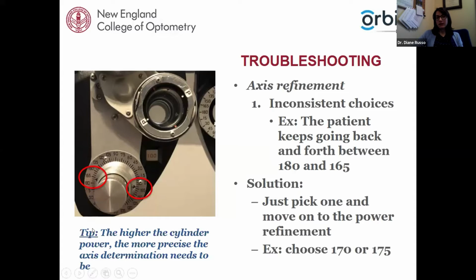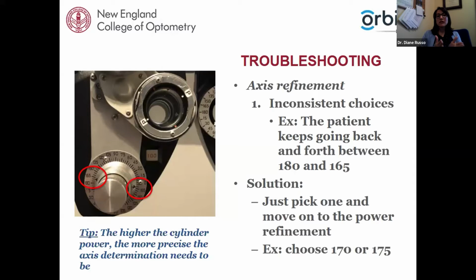The higher the cylinder power, the more precise the axis determination needs to be. So for example, if a patient has 3 diopters of cylinder, then you can't just pick one. You do really need the patient to guide you in which direction they have a preference.